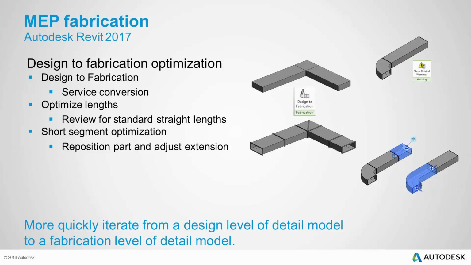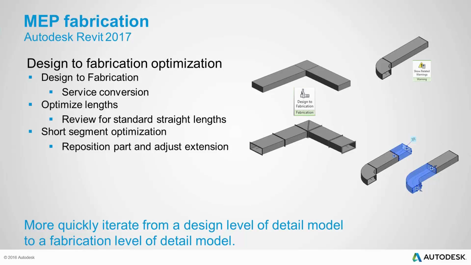The other functionality here is that there are a number of reviewable warnings that will pop up that will suggest how to optimize lengths based on real-world content. So when your duct is longer than it would actually be manufactured, it will basically allow you to divide that duct into pieces that are actually shippable, or that are actually real-world.